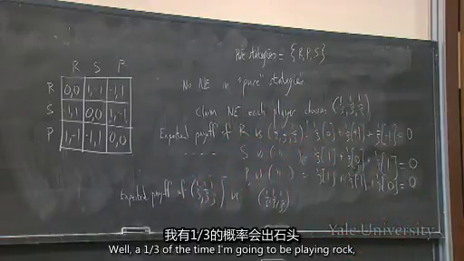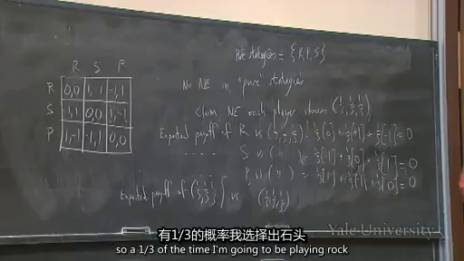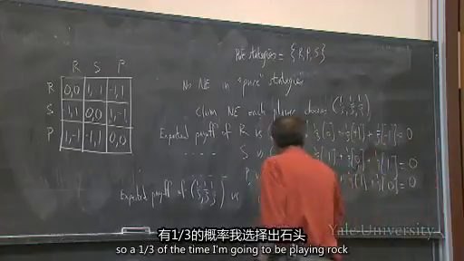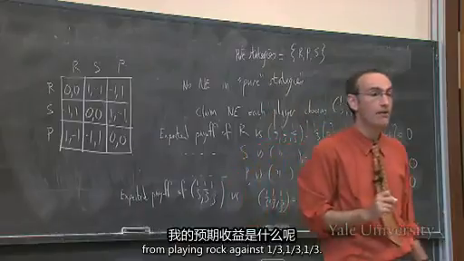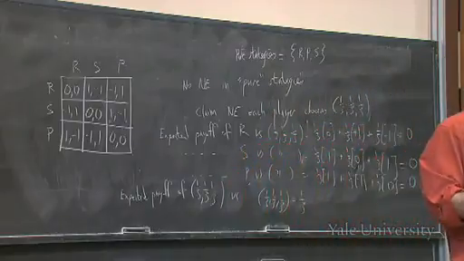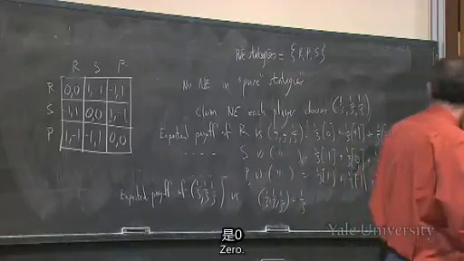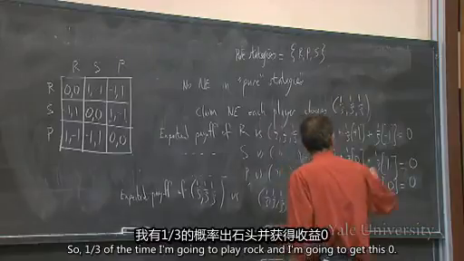Well, a third of the time, I'm going to be playing rock. Is that right? So a third of the time, I'm going to be playing rock, and then I'll get the expected payoff from playing rock against a third, a third, a third. What was the expected payoff from playing rock against a third, a third, a third? 0. All right? So a third of the time, I'm going to play rock, and I'm going to get this 0.